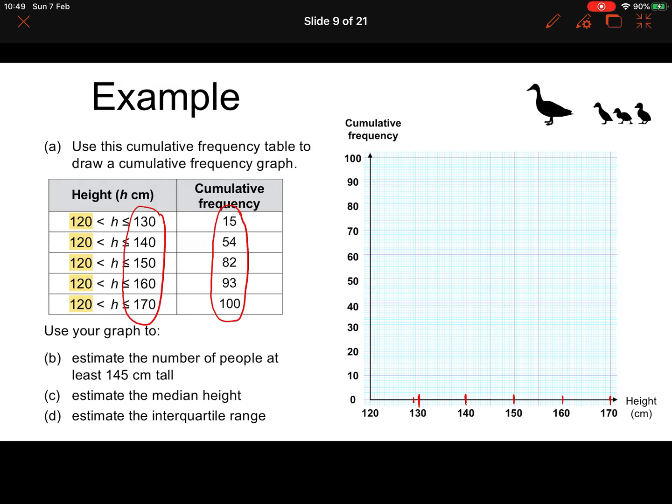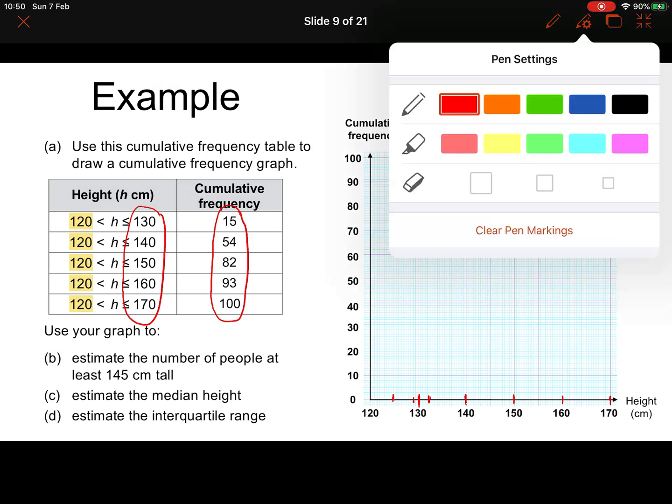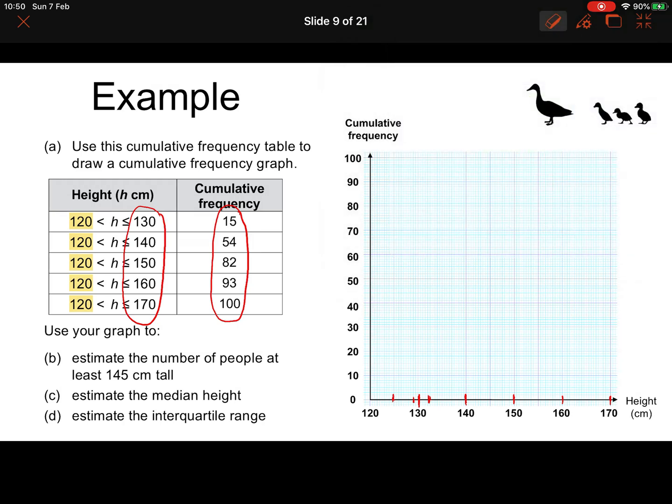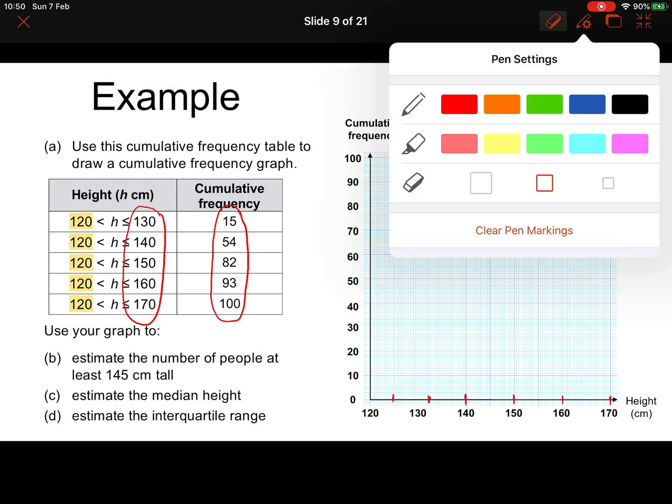They've not done it very well. That should be 130 there, I believe, and 120 should be somewhere like this. They've made a pretty useless scale, I have to say, but let's just do our best with it.